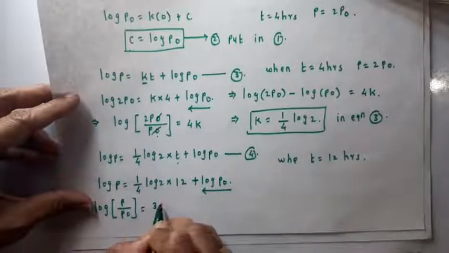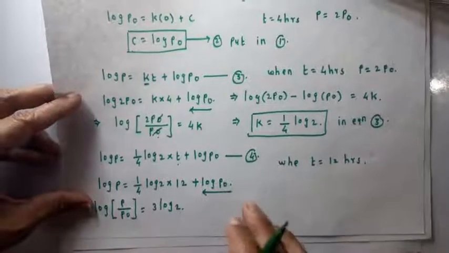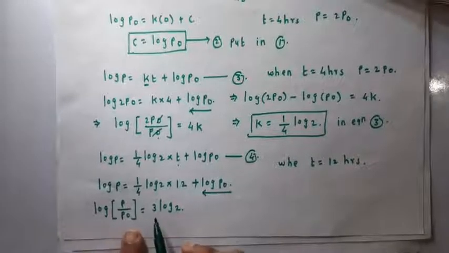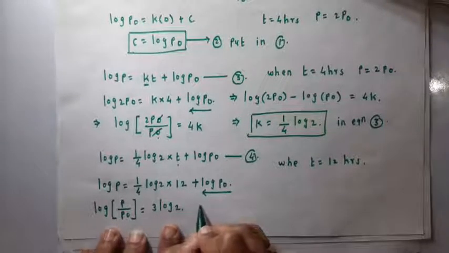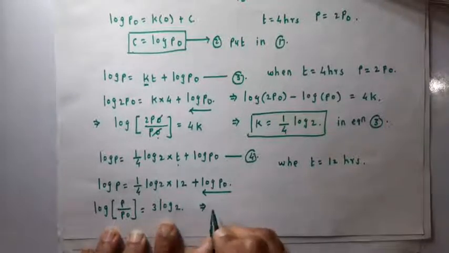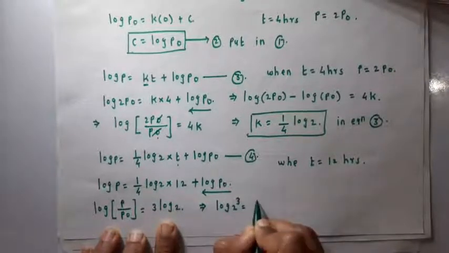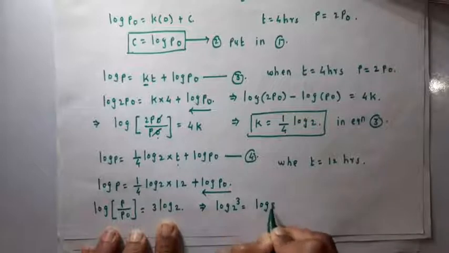equals 3 log of 2, since 4 3s are 12. So log of P upon P0 equals 3 log of 2, and that implies log of 2 raised to 3. By using rules of logarithm, log of 2 raised to 3 equals log of 8.